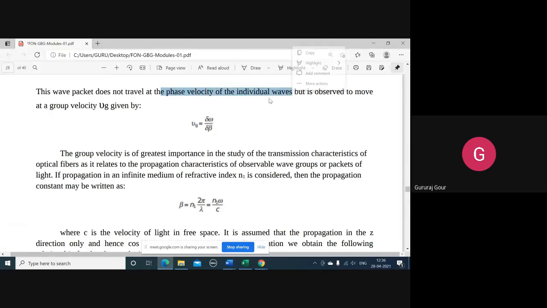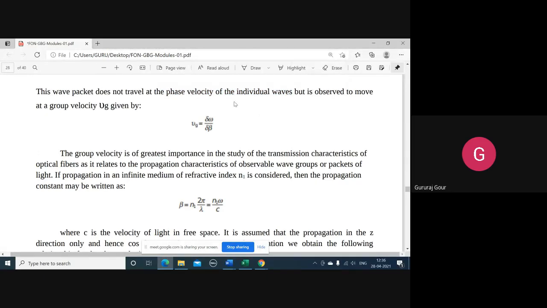Now we said there are multiple wave components, and each component's wavelength is different. Hence they will achieve different velocities also, and they travel differently also, but not differing by much. So that's what he is trying to tell here.